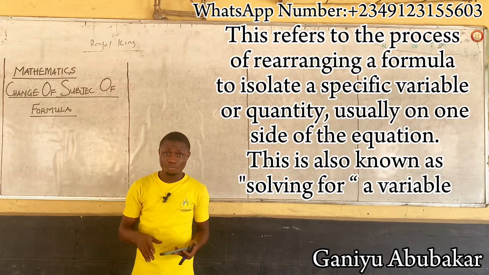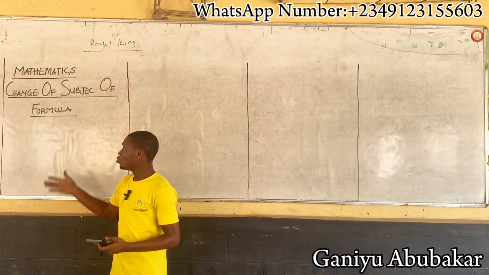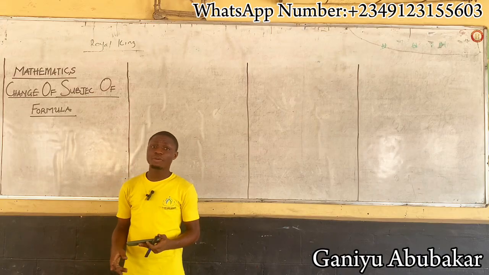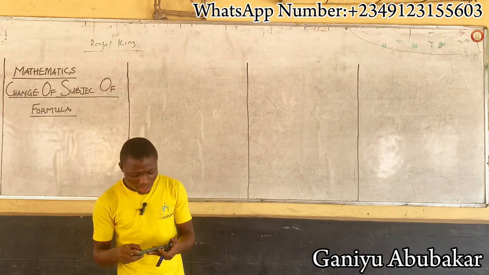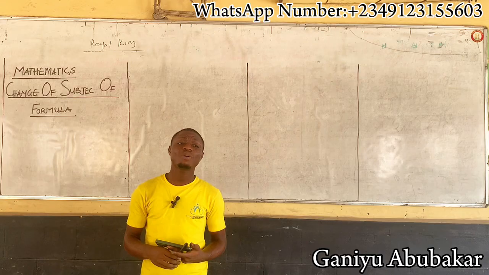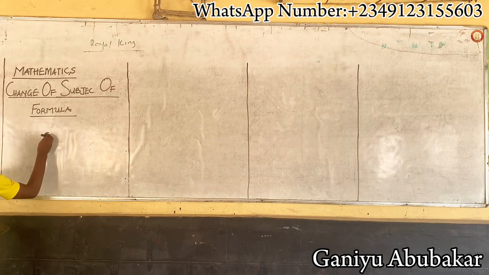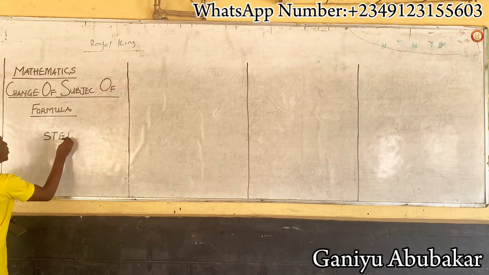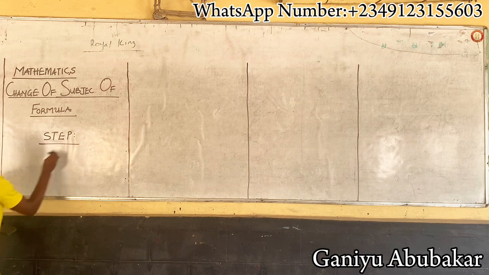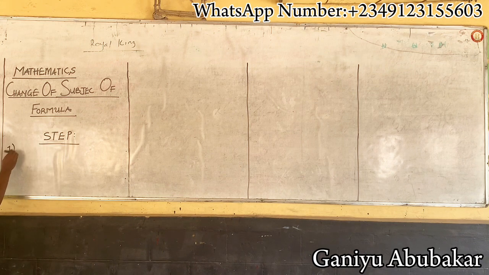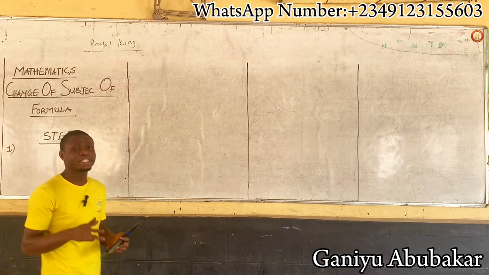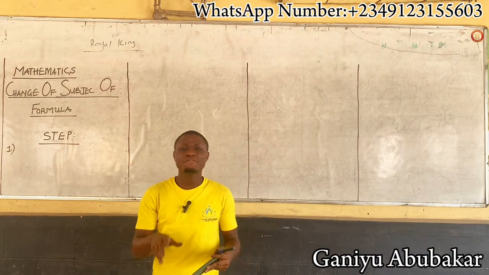That's your definition. When it comes to this topic, there are just 3 steps you need to know very well so that it will be easy for you to solve.